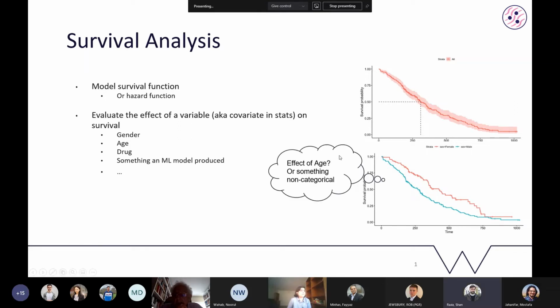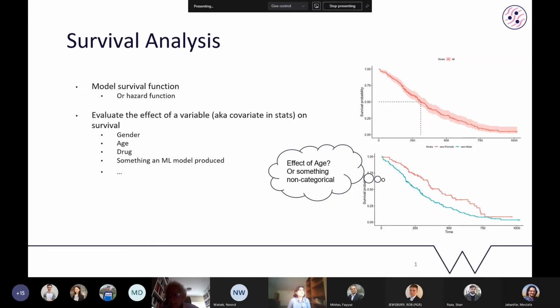However, what if we want to analyze the effect of some non-categorical variable, for example, age, using Kaplan-Meier modeling? Now, the naive solution would be to discretize this variable based on some threshold and then perform a similar analysis.